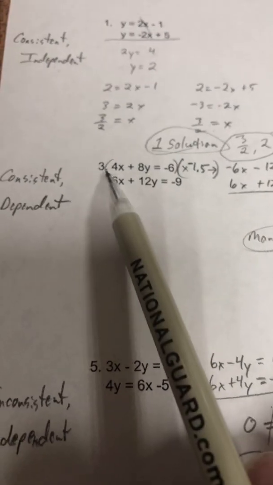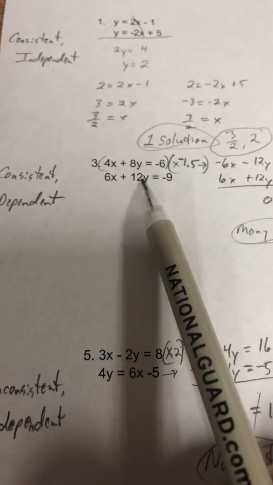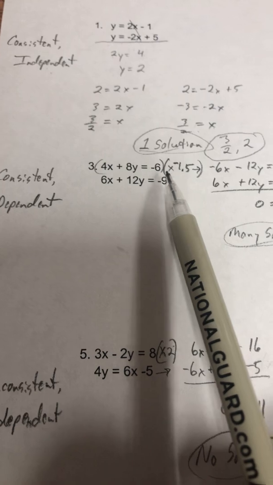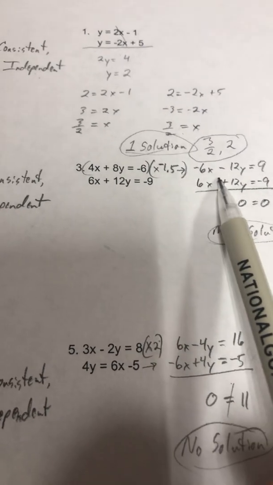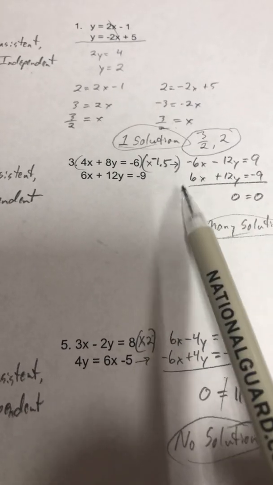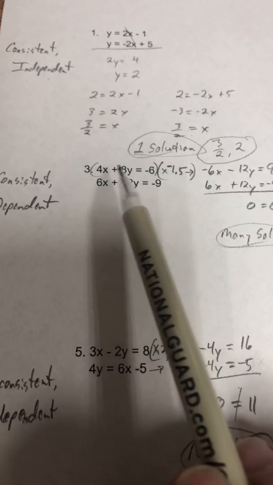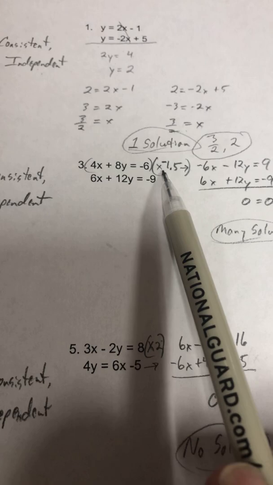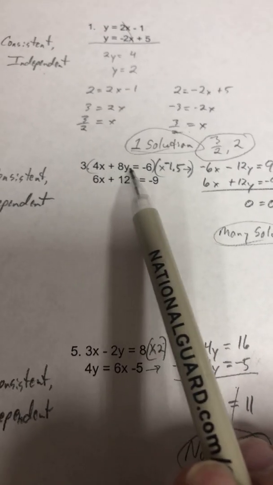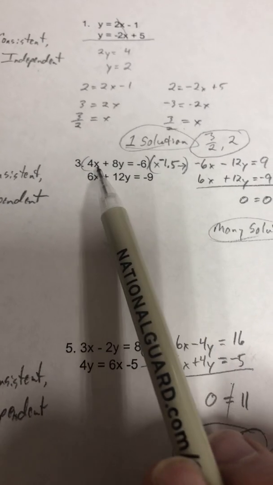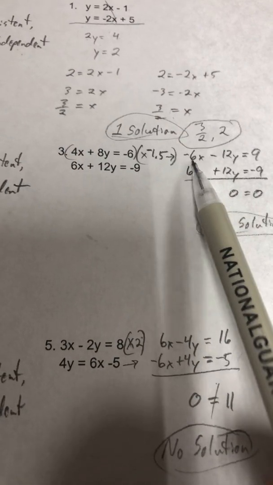So for number 3, we have to change the equation. You have to manipulate equations in order for it to do what you want it to do. So I'm going to multiply these by negative 1.5. That's why I have this whole equation in parentheses. I'm going to multiply each term by negative 1.5. I was just looking at the 6.